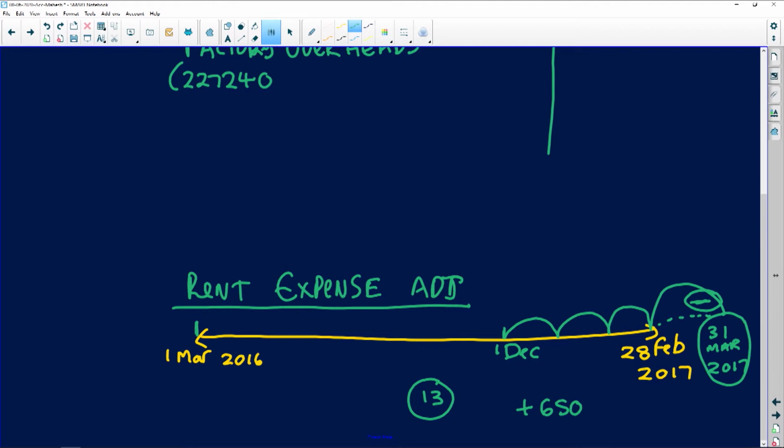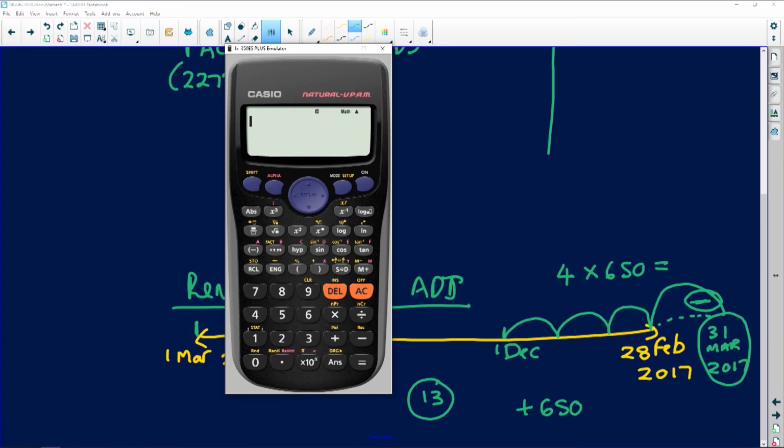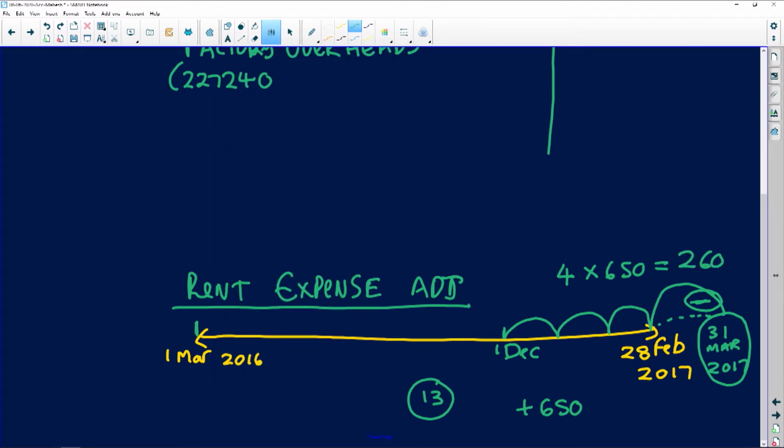So in total, I've paid an additional 4 times 650 Rand for these 4 months. Let's calculate what that additional rent was in total. So 650, the increase, times 4, and I've been paying an additional 2,600 Rand. You guys with me?